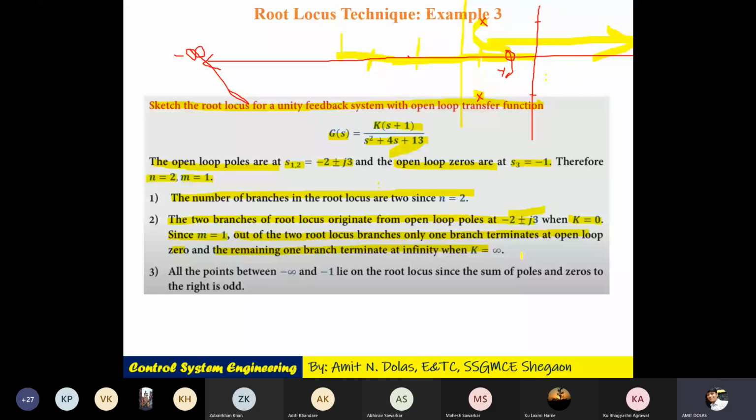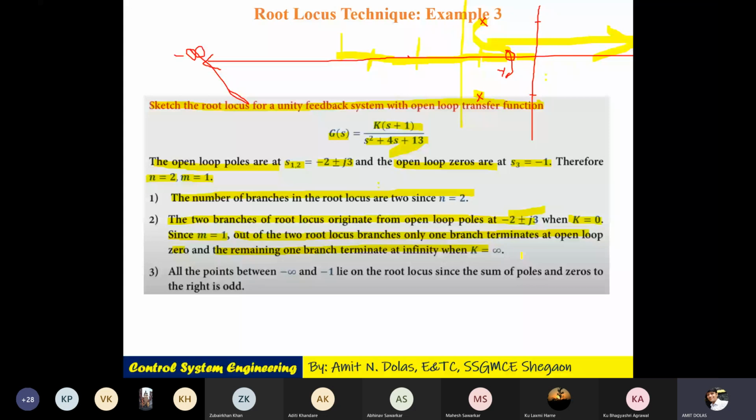We take the characteristic equation, that is, 1 plus G(s)H(s), equal to 0, and we try to find out what K is equal to, and then we differentiate K with respect to s.